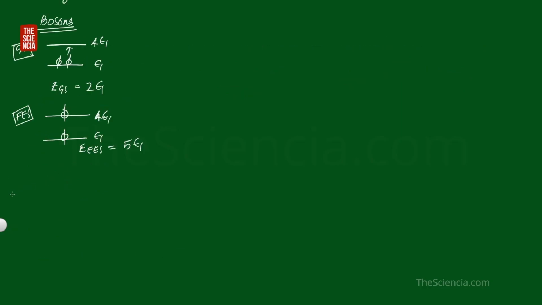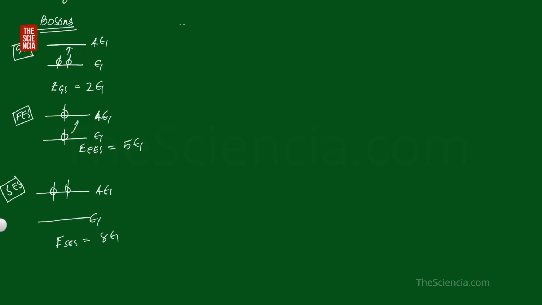Now let us consider one more state, that is the second excited state. These are two states with the energies E1 and 4E1. So now the other particle is also jumping to the higher state. So both the particles are in the 4E1 state. So the energy of the second excited state will be equal to 2 into 4E1, that is 8E1.